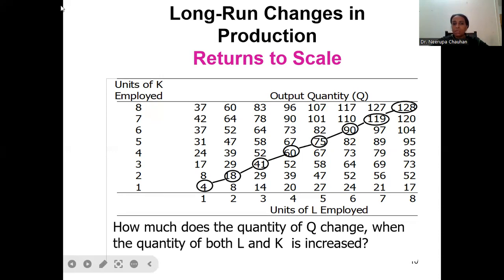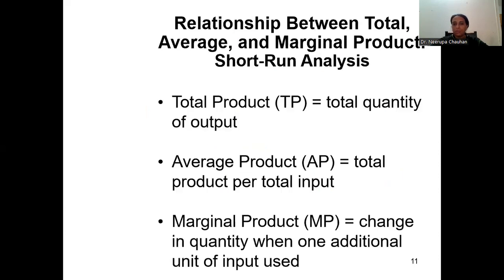But in the longer run, as I am increasing my capital also and my labor also, I can see a substantial growth in my output, right? At the end, when I have employed 8 laborers and increased my capital also, I have reached a higher output quantity. This is called the long run production changes and the short term production changes.